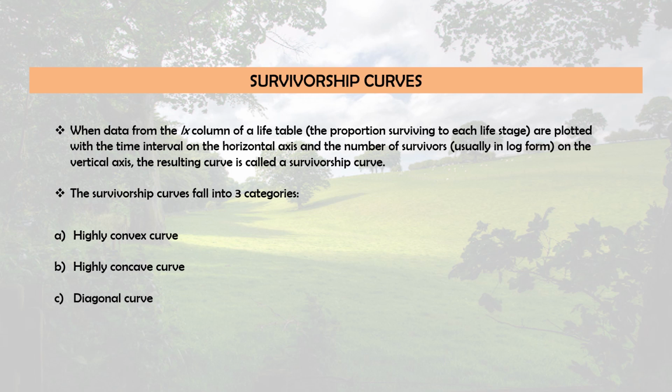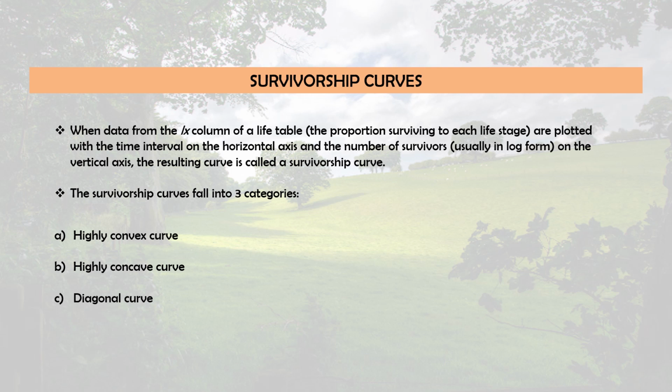So when the data from the life table, and particularly the LX column, which gives the proportion of surviving individuals, are plotted with the time interval on the horizontal axis and the number of survivors, usually in logarithmic form, on the vertical axis, the resulting curve that we get is the survivorship curve.